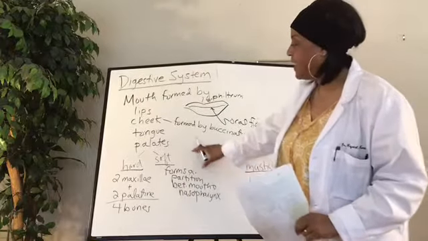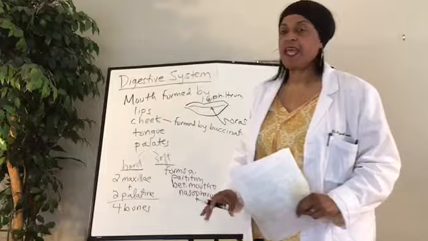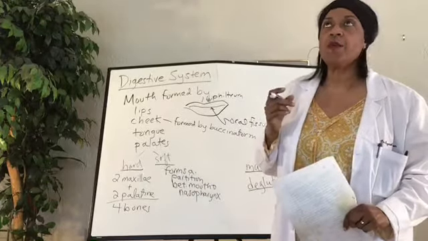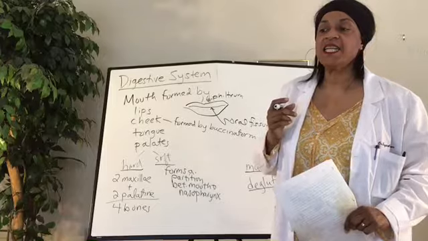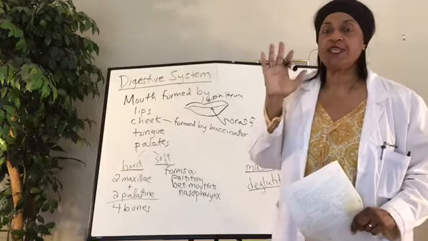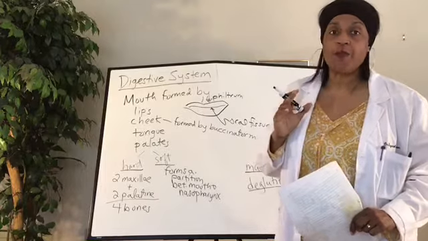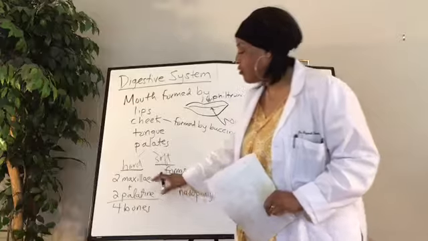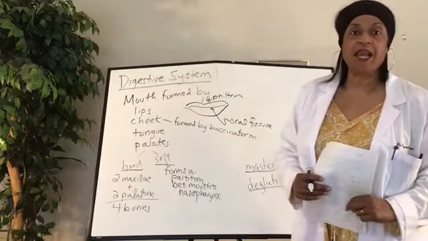So the palates, you have a hard palate and a soft palate. You can feel your palates with your tongue. Up towards your teeth in the front, put your tongue up there, you'll feel these little ridges. That's the hard palate. The hard palate is made up of 4 bones, 2 maxillae and 2 palatine bones.